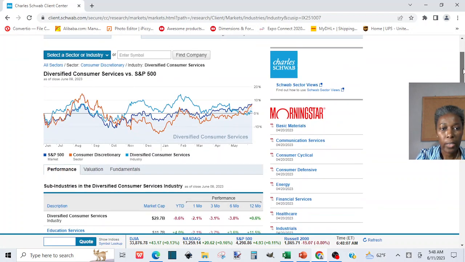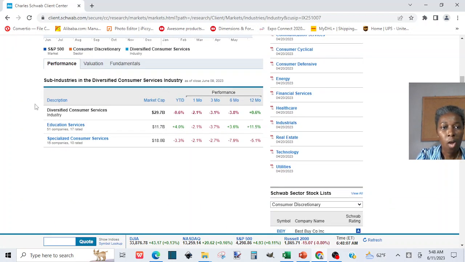So you scroll down, and under the diversified consumer services industry, we have two sub-industries: education services and specialized consumer services. So we are going to click on the first sub-industry, education services.